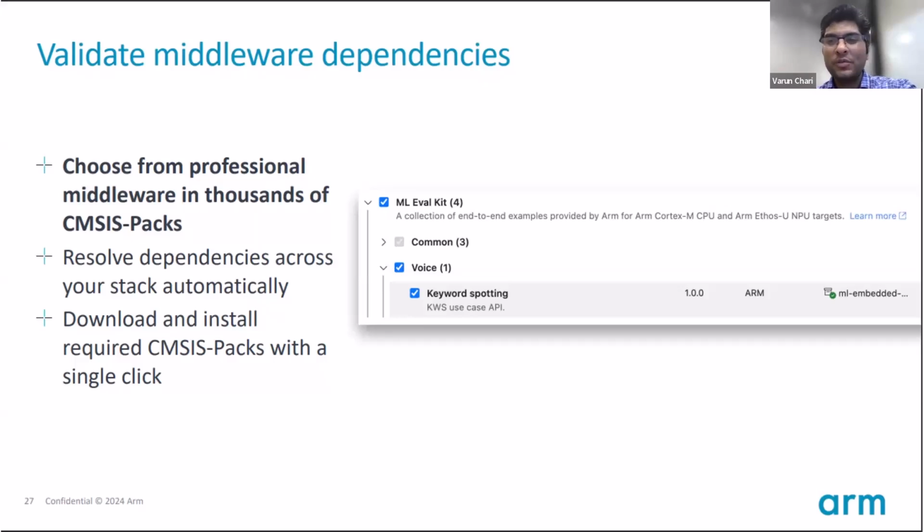This is a plus point of a CMSIS based solution because it's more interactive and more user friendly. High level software developers are not really well equipped or knowledgeable about CMake and the intricacies of it. So this really helps them clear the barrier to entry and be more interactive while developing an edge or embedded ML application.